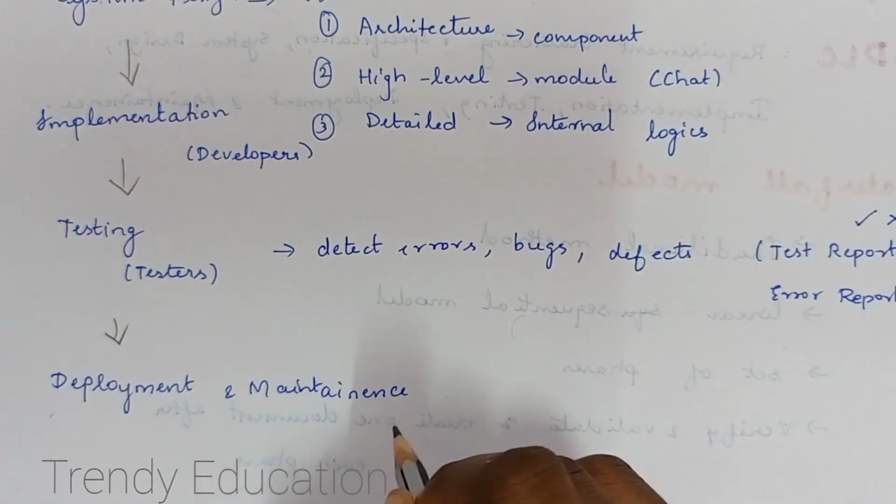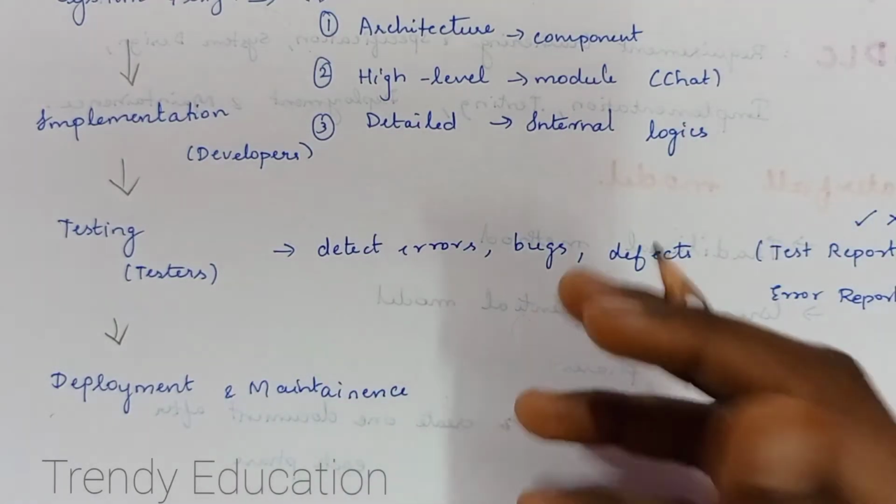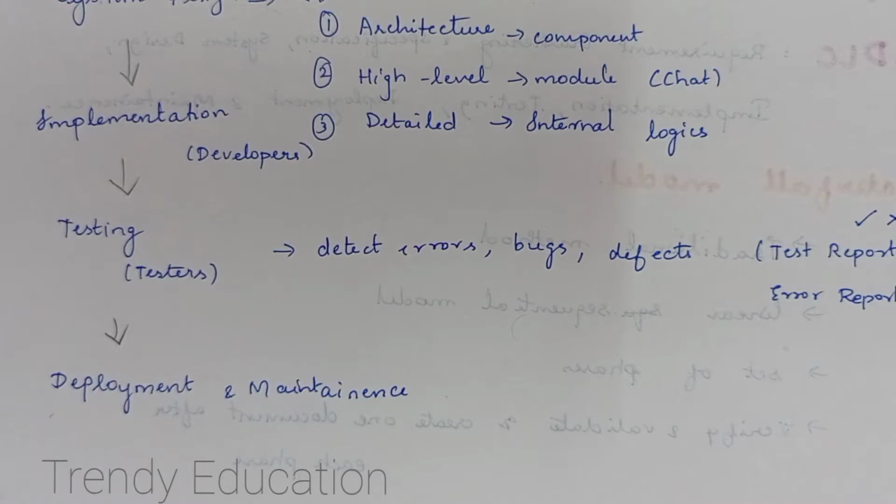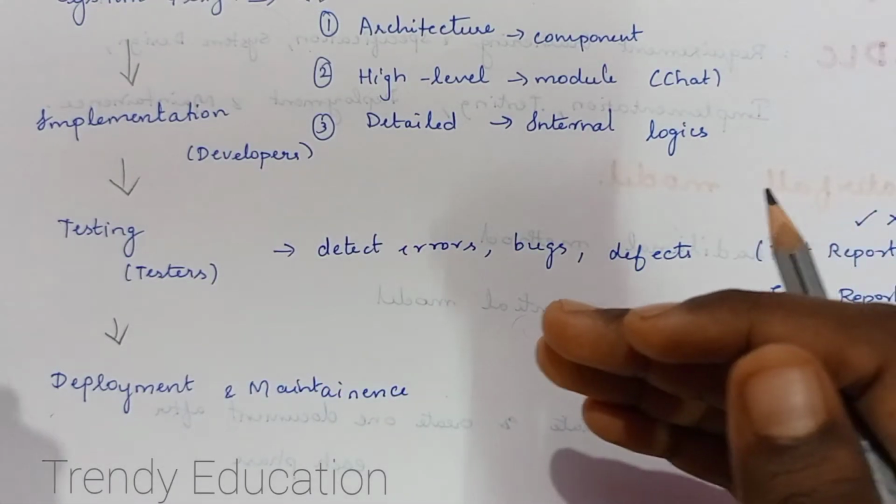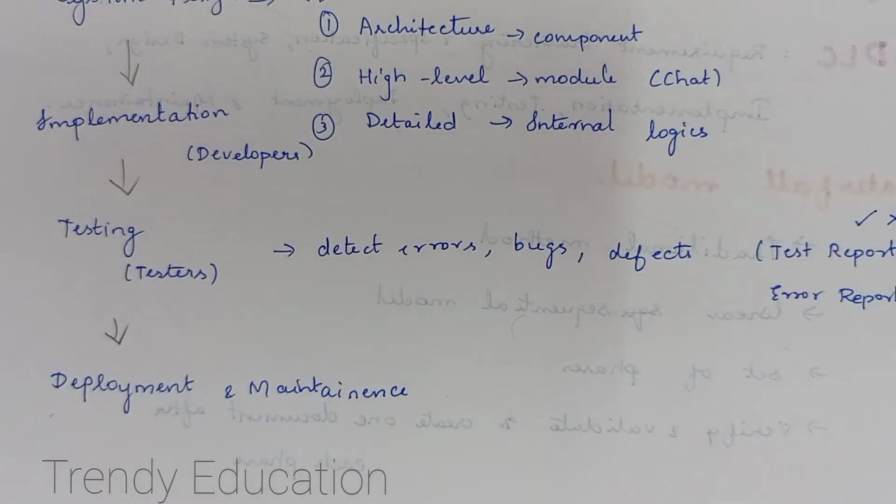When it comes to maintenance, it is how they maintain the applications when any errors are found by people like us, which can be fixed, right? So these are the things which should be maintained. And that's it about the waterfall model.